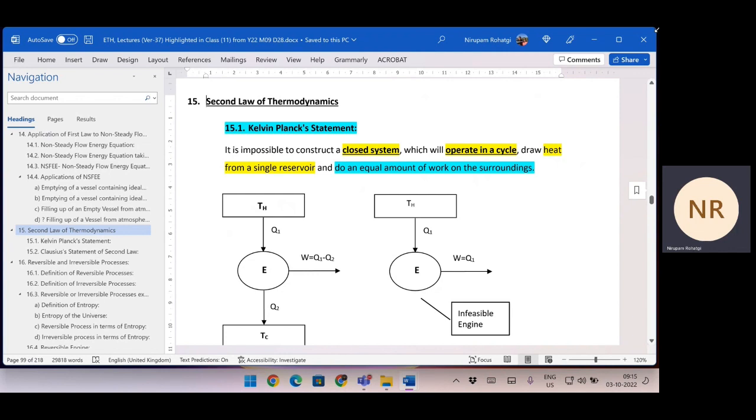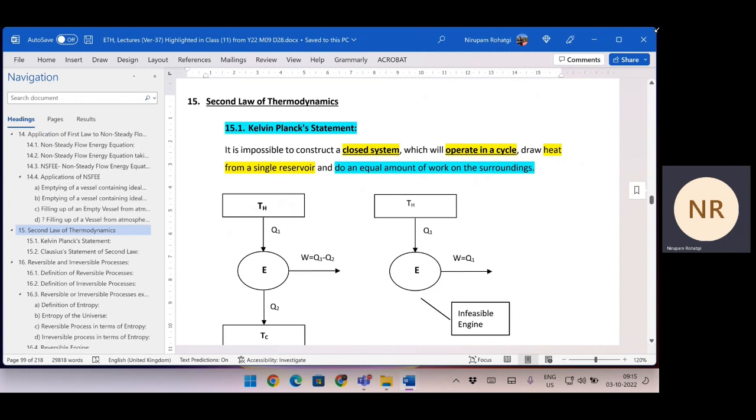Still, if there is only one reservoir, then you cannot produce any work out of it in a continuous way. You are not violating the first law. You have a reservoir, a source at a high temperature where heat is available. You take out heat from that reservoir and convert it into work. It is not possible if you have a perpetual motion machine.